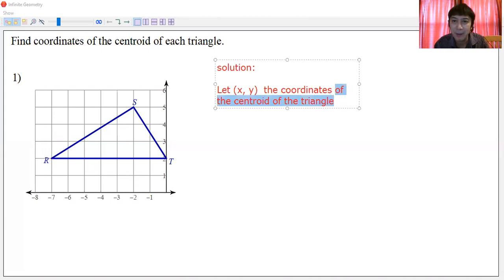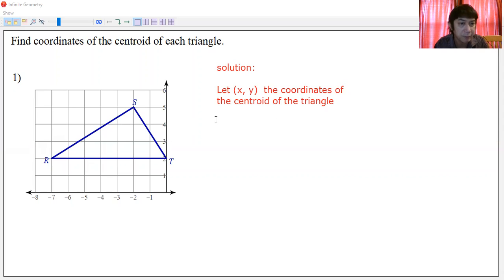We're going to use this for each problem, so I might as well have it at the start of each problem. So let x, y be the coordinates of the centroid of the triangle. All right, let us gather the points.